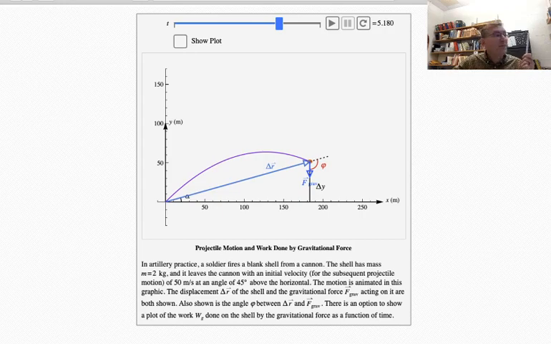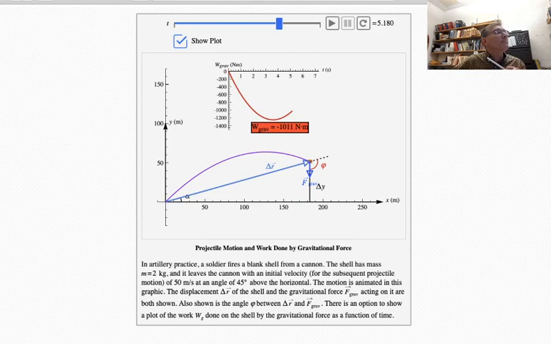So is that 1,000, right? 20 times 50 is negative 1,000 Newton times meter. If I click this button that says show plot, it's going to show me the actual value of W grav. I was close, negative 1,011. Well, I did just approximate. Pretty close.